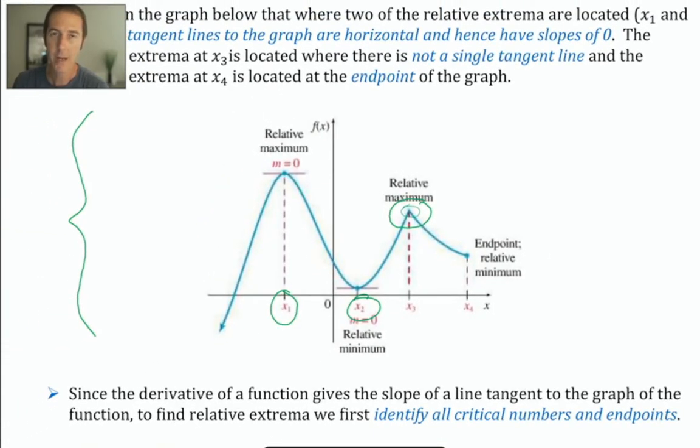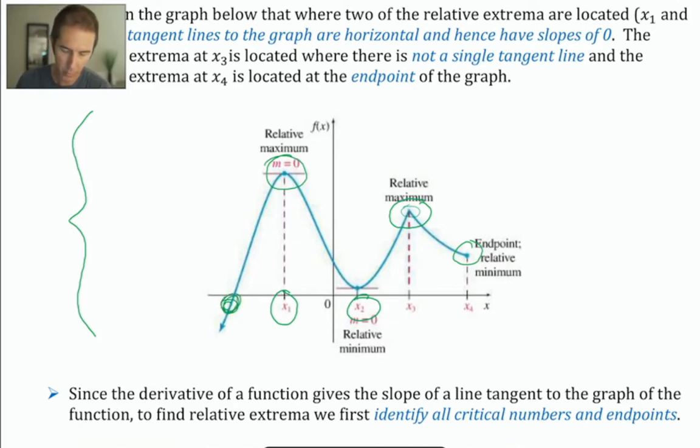The left-hand side of this graph goes left and down forever, so there's no opportunity for a relative minimum or maximum there, because a relative minimum has to be the lowest point in a pretty close neighborhood. A relative maximum has to be the highest point in a particular pretty narrow vicinity, but that's not going to happen anywhere here.